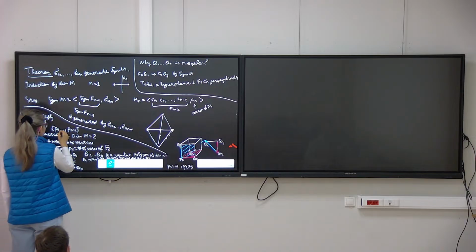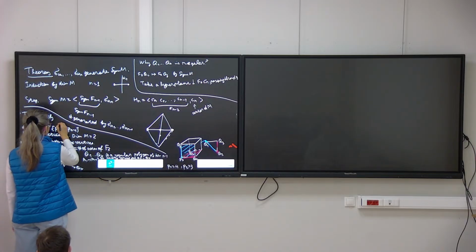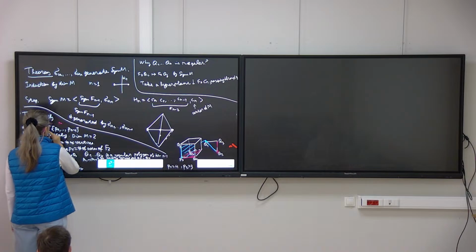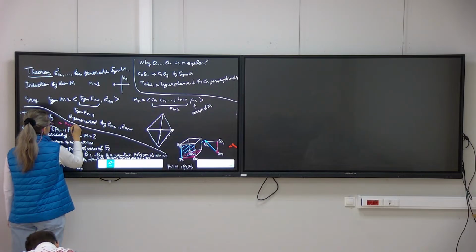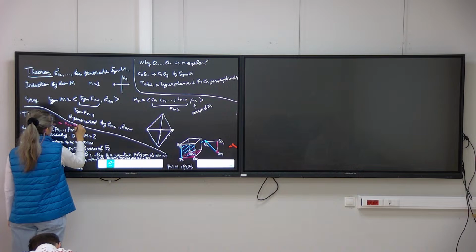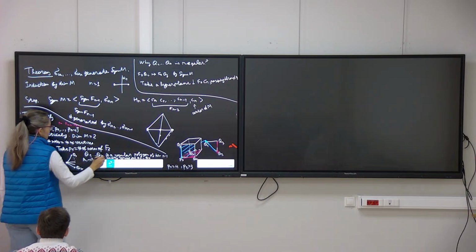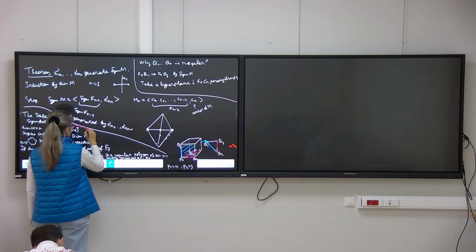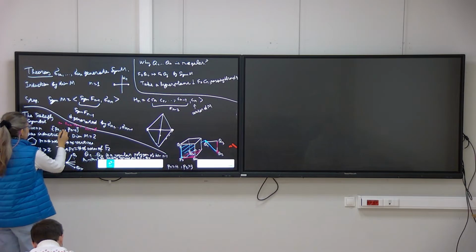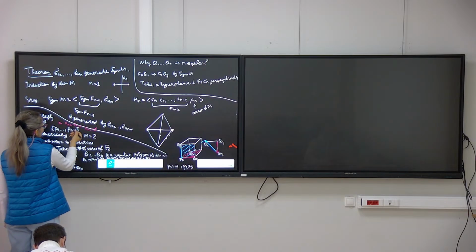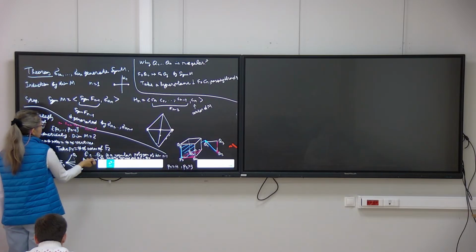So in fact PK equals the number of k-dimensional faces between Fk plus 1 and Fk minus 2. We assume F minus 1 is the empty set. Again, Pk is the number of faces of dimension k between Fk plus 1 and Fk minus 2.